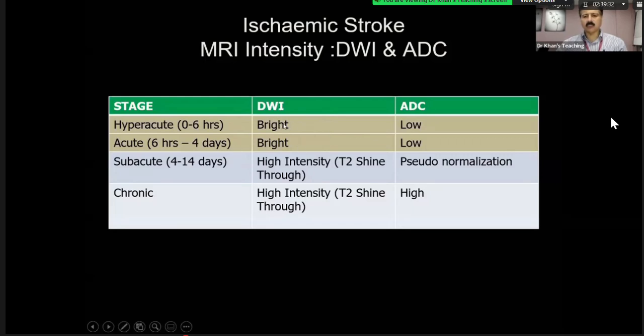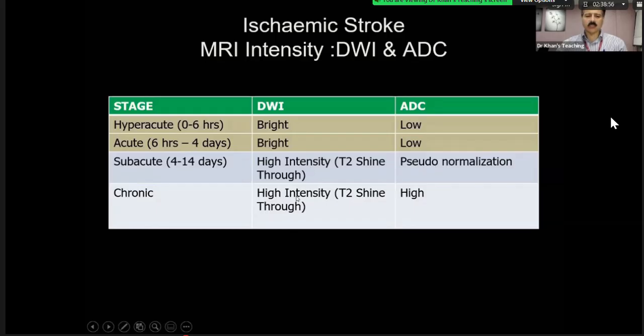And what is this word? This I've taken from the requisite series. I like this word. This is bright on DWI and low on ADC map. Instead of high, the word which is used is bright. So I want you to remember this. Bright on DWI, low on ADC map. Because then what happens between 4 and 14 days, this brightness decreases and it becomes high in signal intensity, and ADC map becomes what we call pseudo-normalized.